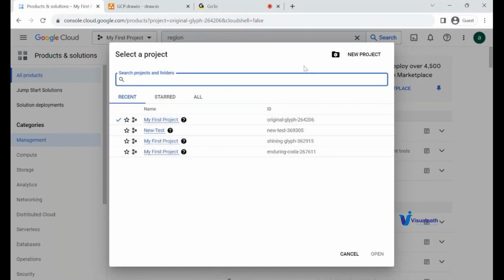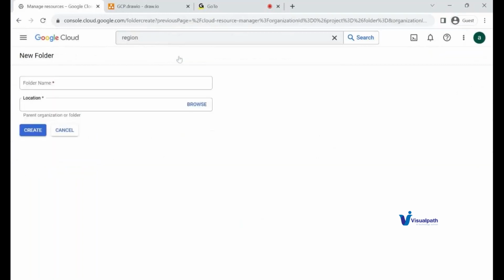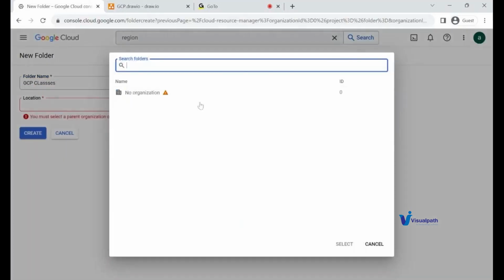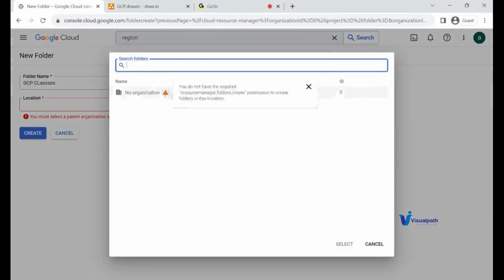Because this is my personal account, I'm not given the option to create an organization, but I can definitely go and create a project or a folder. So if I go ahead and create a folder, let's say folder GCP classes, yes, I am having that.